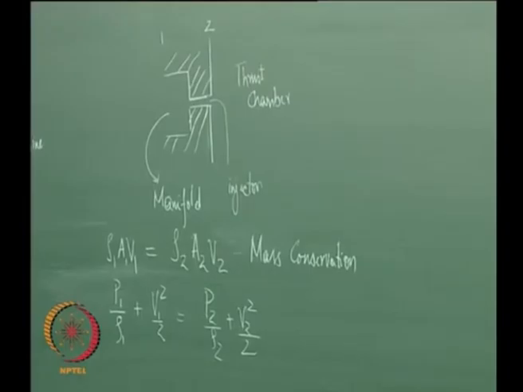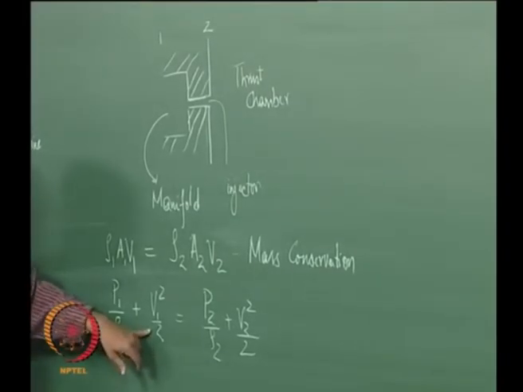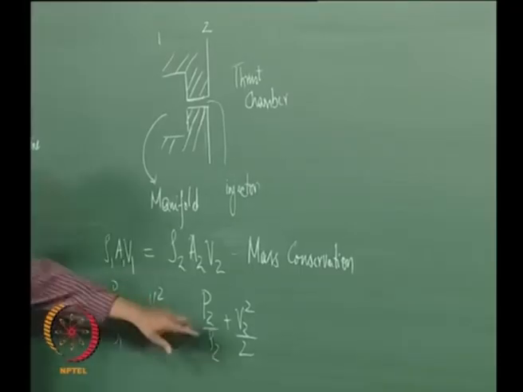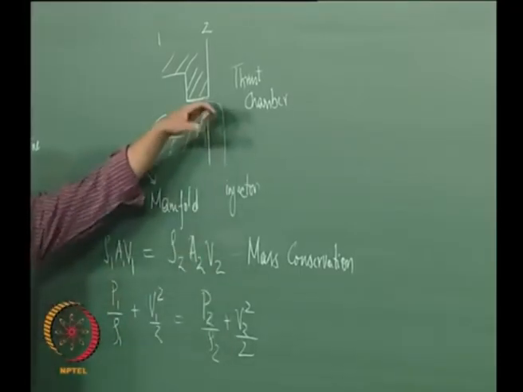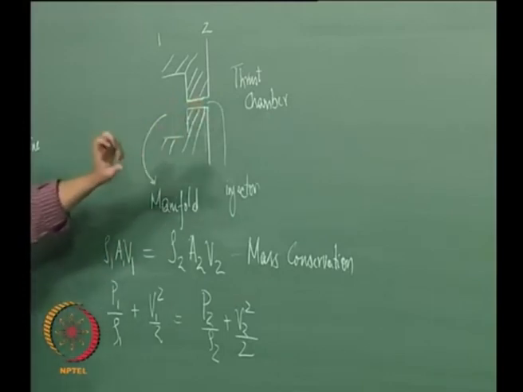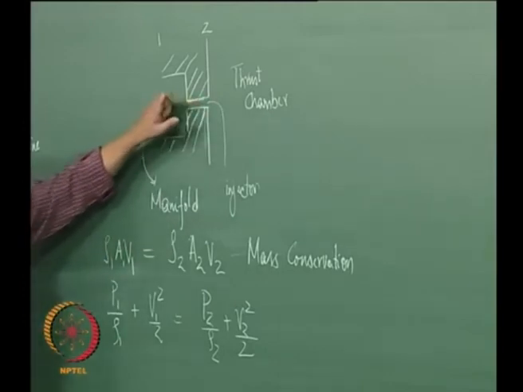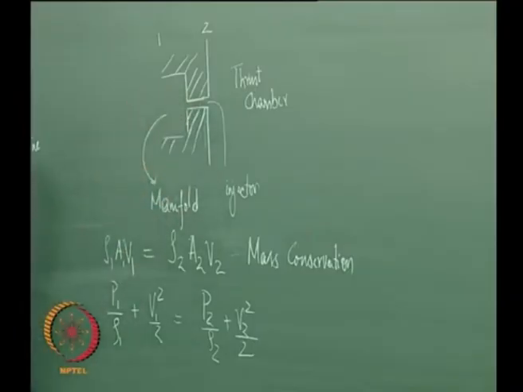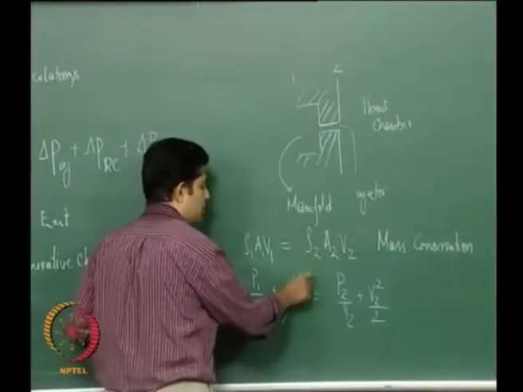So, now if you look at this term, the square of the velocity in comparison to the square of the velocity here, what can we say about it? Because we made the areas in such a way that this is very small compared to this. So, I can neglect this in comparison to this, okay.